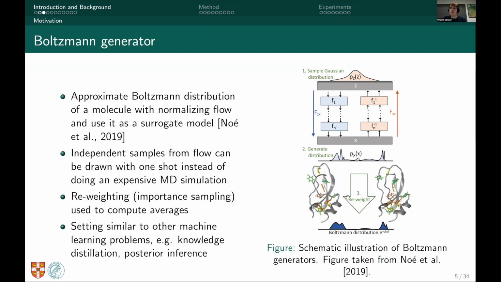In order to make the sampling faster, they trained a normalizing flow to approximate this model. Or there could also be posterior inference, where you are given a density but cannot directly sample from it because it's unnormalized, and therefore you want to approximate it and then sample from it. So that's why it's interesting to look into Boltzmann generators in general as well.